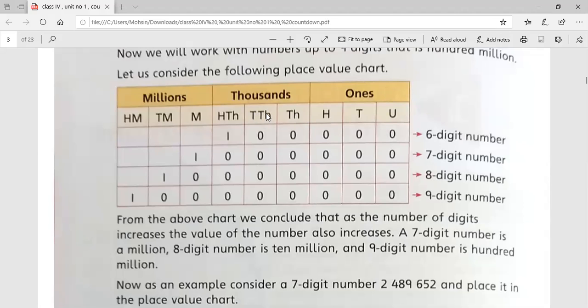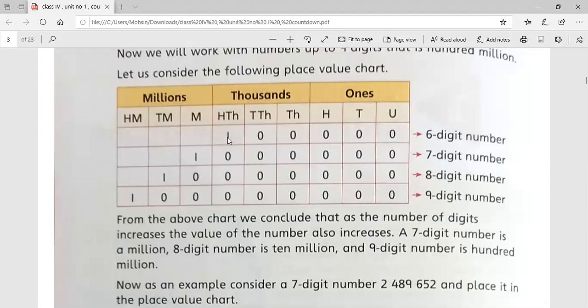Next, this H means 100,000. Then they write million, only 1 million, single million. The next one, this T shows 10 million, M shows million, and the last one is 100 million.